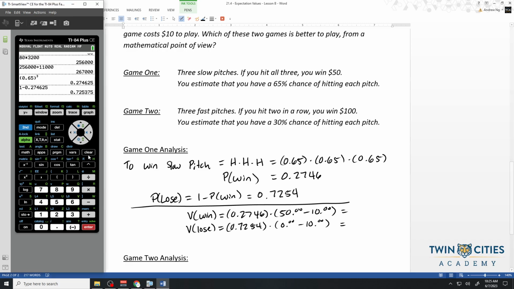All right, let's put this in. 0.2746 times the outcome of $50 minus $10 to play. So the value of win is 10.984.